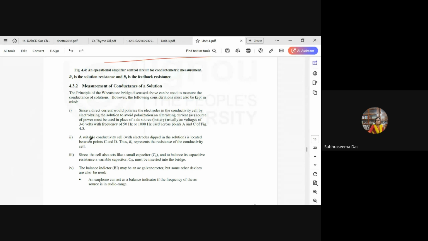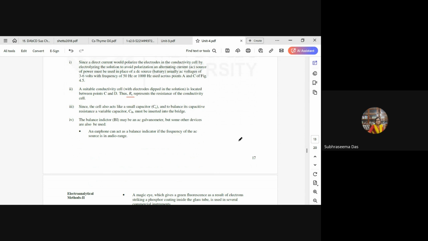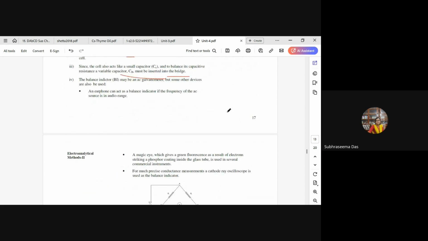Thus, here the Rx represents the resistance of the conductivity cell. Since the cell also acts like a small capacitor, to balance its effective capacitive resistance, a variable capacitor must also be inserted into the bridge. The balance indicator may be an AC galvanometer, but other devices may be used, such as an earphone, which can act as a balance indicator if the frequency of the AC source is in audio range.